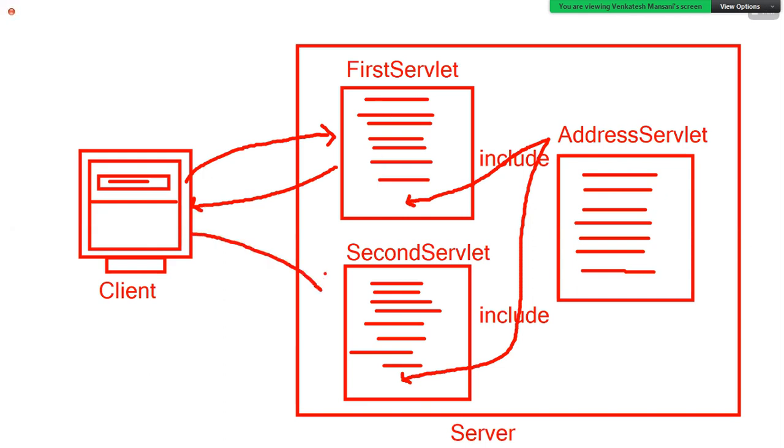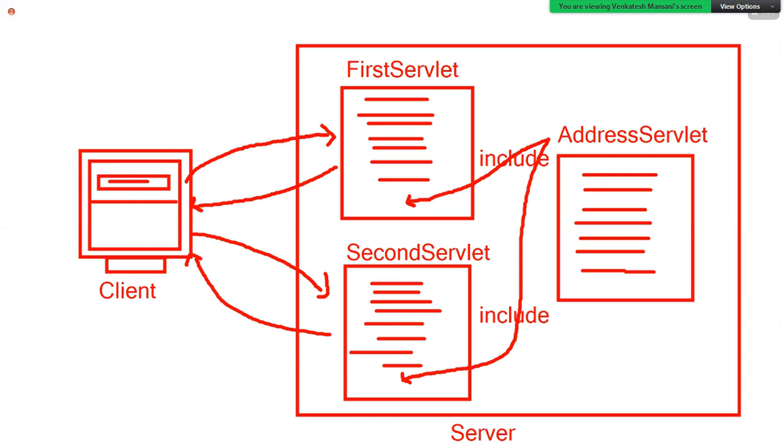If I send a request to the second servlet, the address servlet. Now suppose 100 servlets are there, and in every servlet the address is required. We can include it 100 times. We write the address once, and include it 100 times.